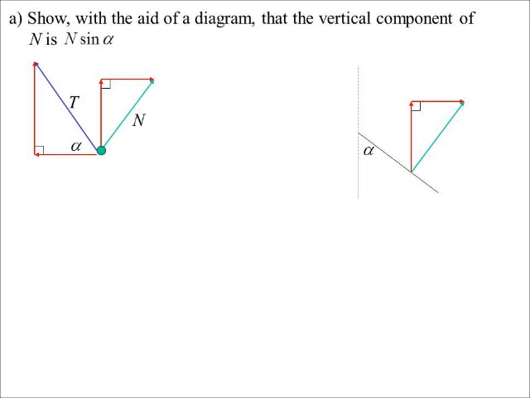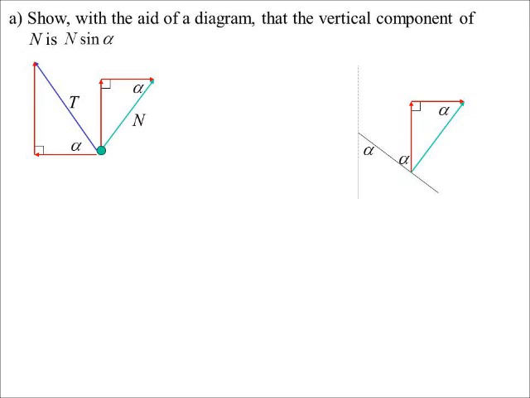So if I just draw a vertical in, that bit there would be alpha. If I play around with it, well, that's got to be alpha then because of alternate angles. The vertical's going to be straight up. Remember we said the normal force was at right angles to the surface. So this angle here next to alpha must be 90 minus alpha, which means alpha must be the other one in that triangle.